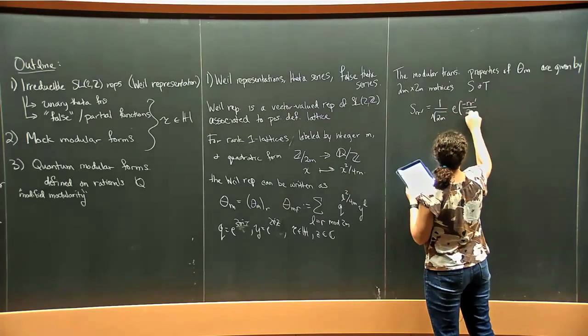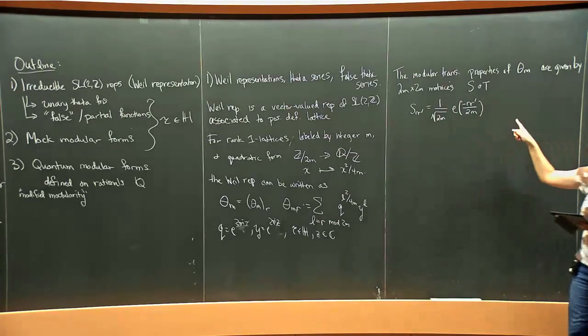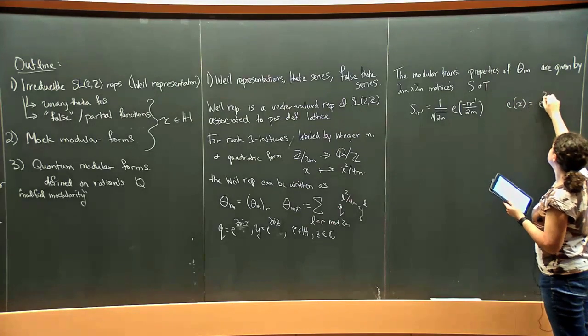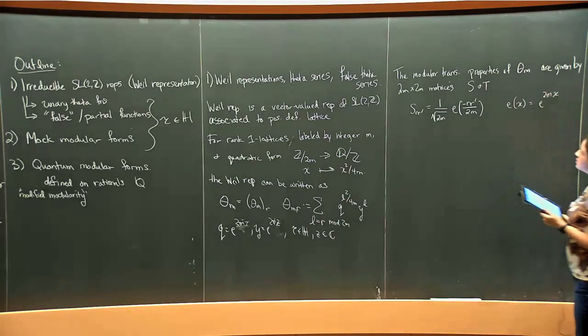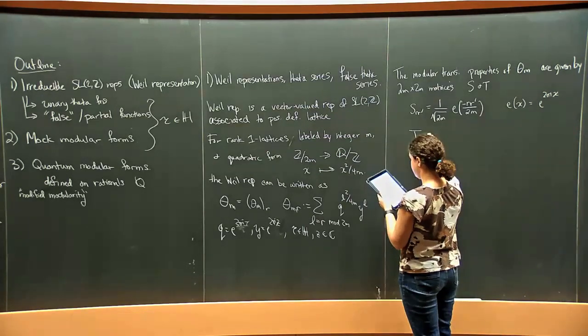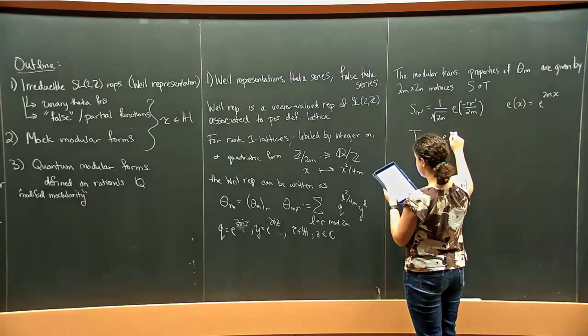So now I'm going to use this number theory notation where e(x) is e to the 2 pi i x, and T is a diagonal matrix.